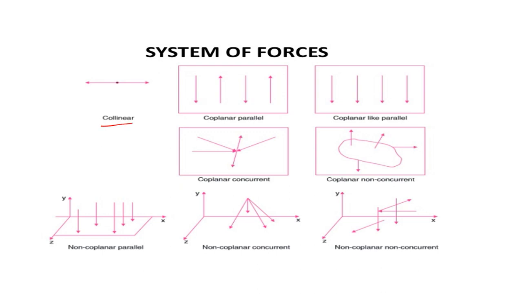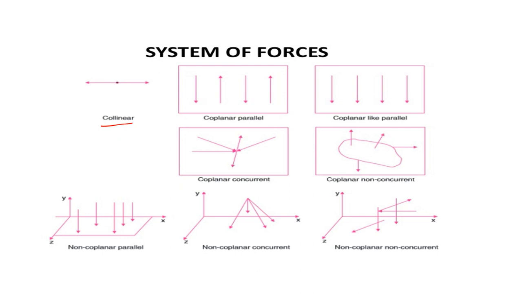First is collinear. Collinear means that the line of action of the forces will be the same. Forces can be in the same direction or in different directions, but the line of action will remain the same for all the forces.